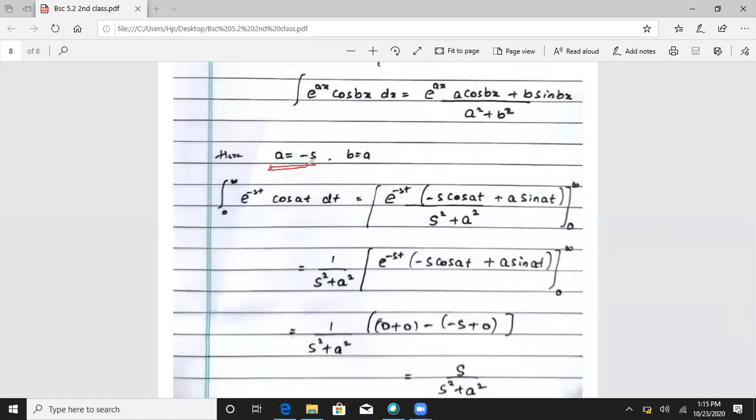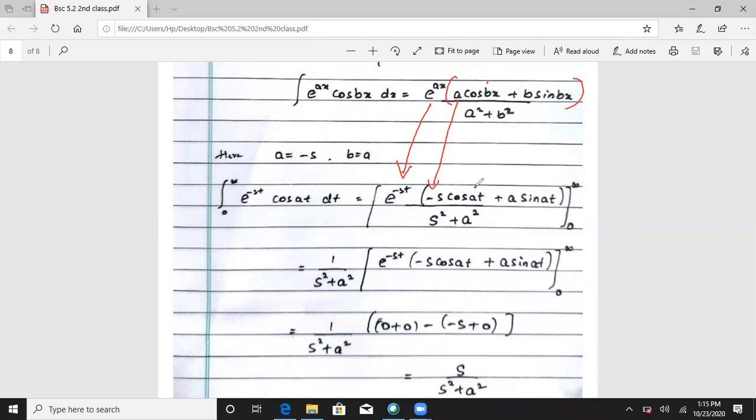e to the power ax means e to the power minus st, and a is minus s, cos bx.